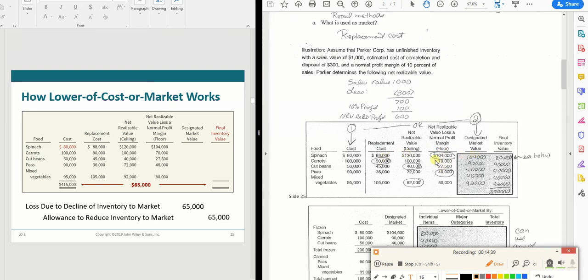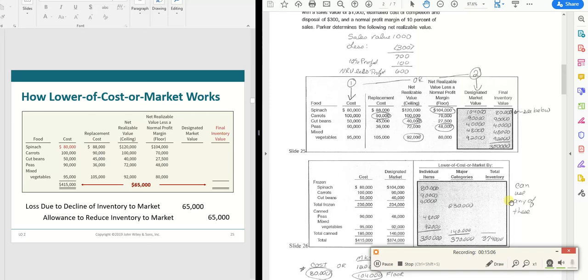Now, remember, that just took quite a while. But the whole overall goal is to compare your cost, this column, to what I put in this column. So I went through that long process to put 104 over there. So now I compare my 80,000 cost to my market of 104, and 80,000 is the lower of the cost or the designated market.